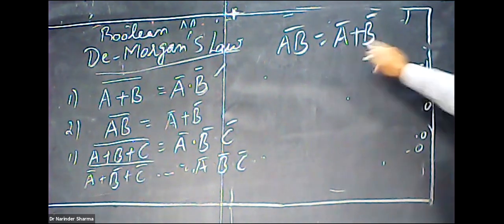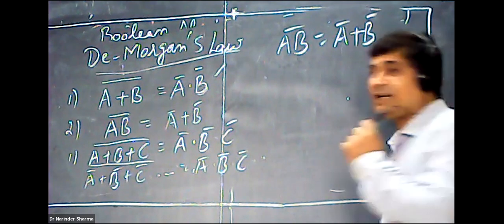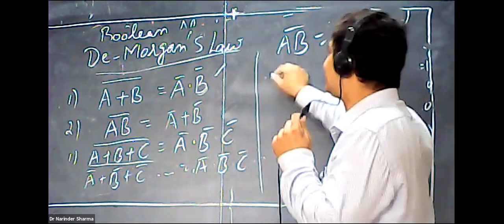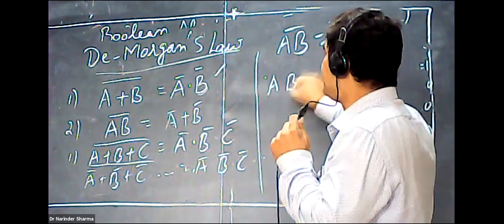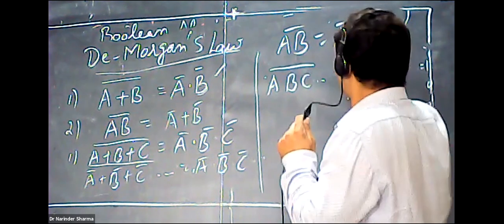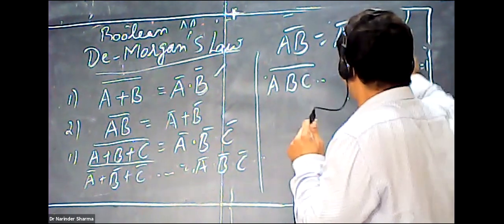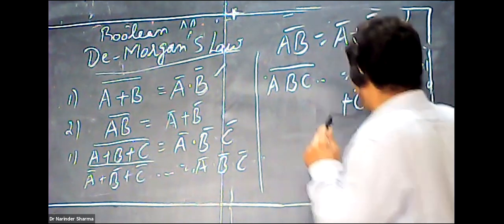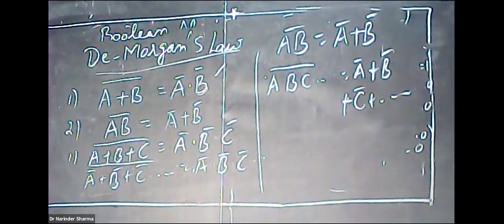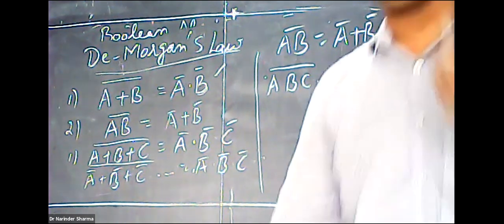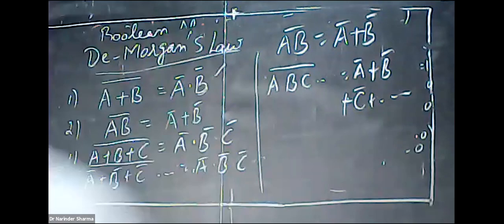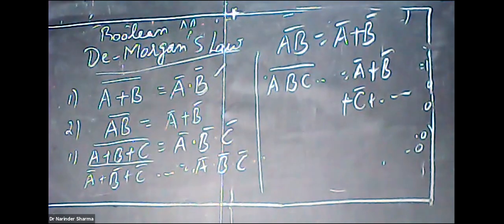It can be extended as (ABC) bar equals A bar plus B bar plus C bar, and so on, up to n number of times. So De Morgan's law, or De Morgan's theorem, is very, very important in this aspect.